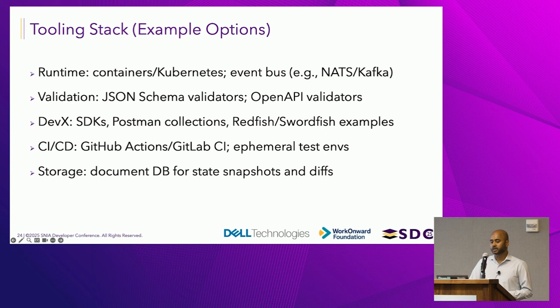Here is one example of the tooling stack, which you can build with common, well-supported tools. Containers will manage and scale, and an event bus handles telemetry and jobs, and it will be used widely for JSON schema and OpenAPI validators. This is one of the very simple stacks which can be used to build this.